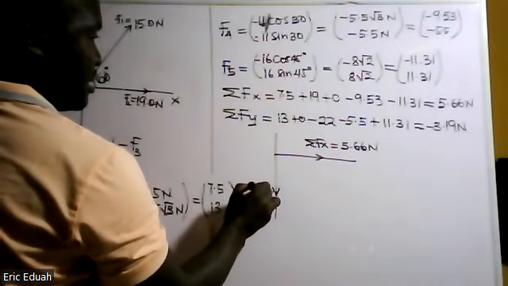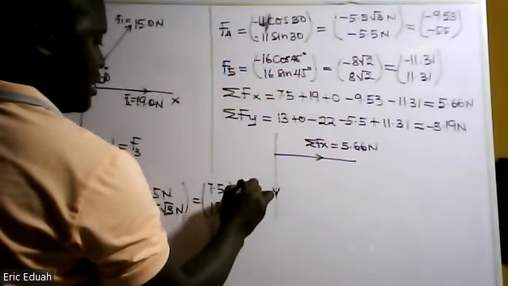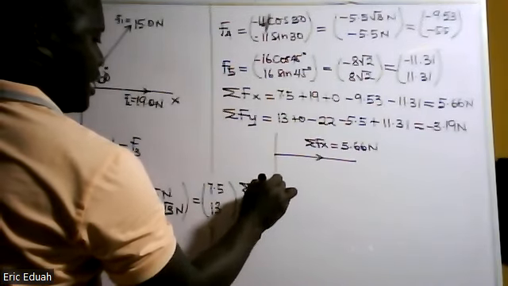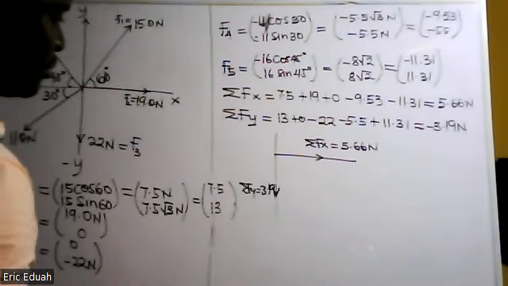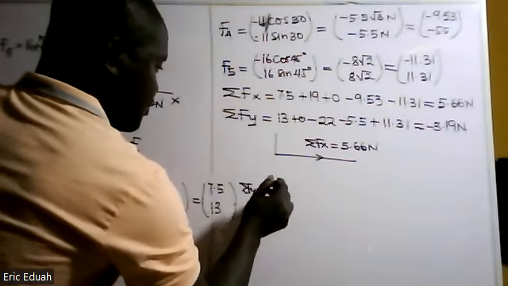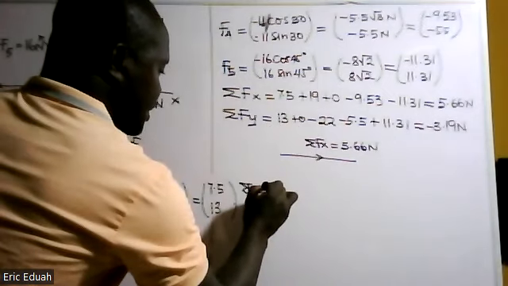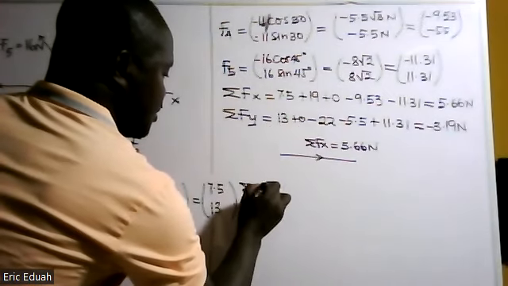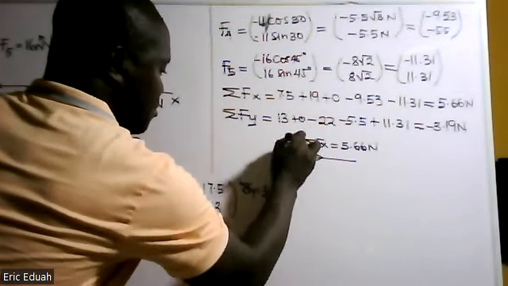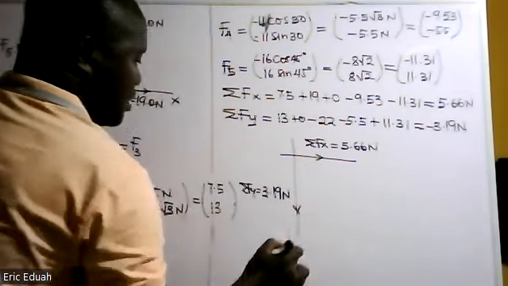So this is summation f of y, 3.19. Let me draw it well. 3.19 Newton, meaning it will be here.